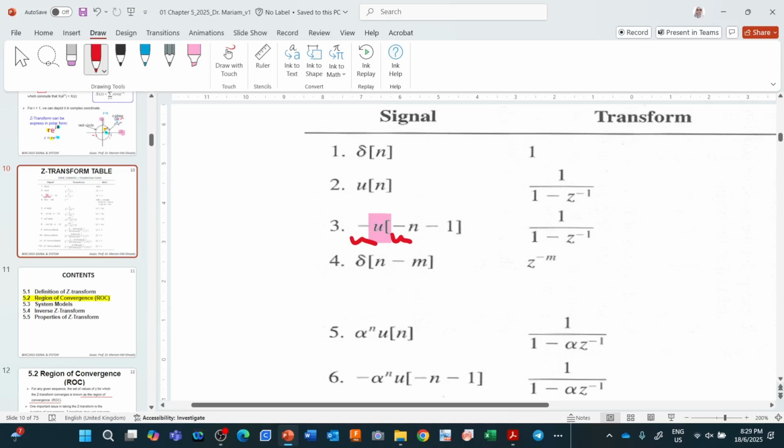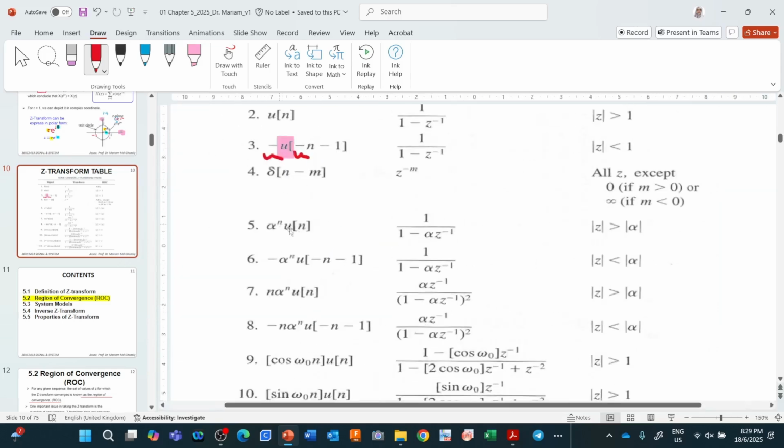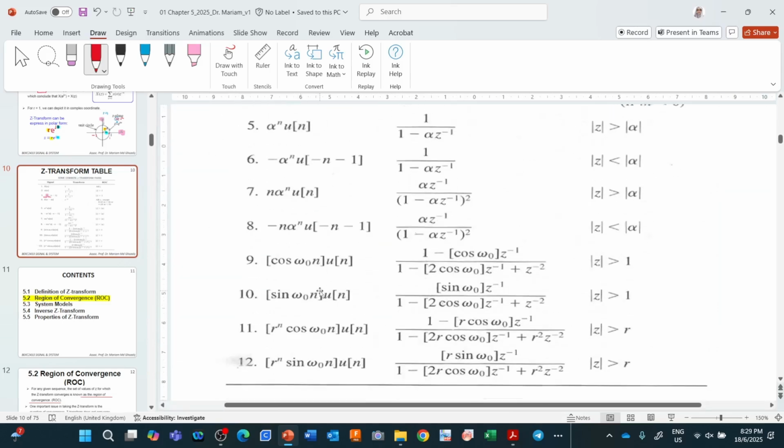So basically you have amplitude transformation. So you reverse it down. You can look at the other examples and so on.